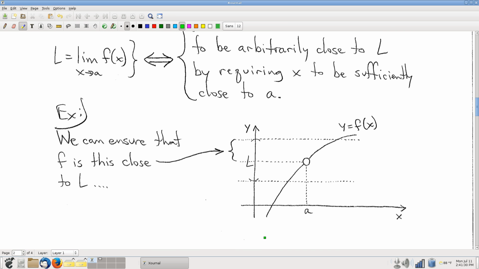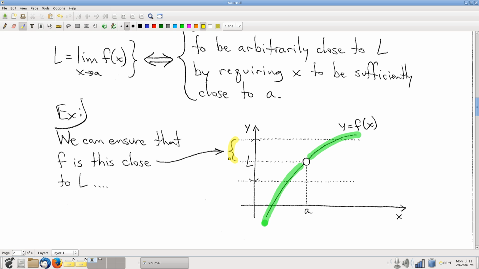So here is a curve. And we note that there's, again, a hole in this graph. This function that I'm describing is not defined at this point A. Okay. And I am asserting in this picture that the value of the limit here is this value L. And now, how could I ensure that the value of the function be this close to L?